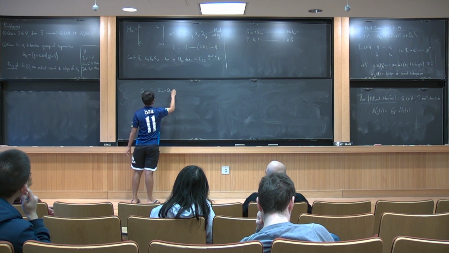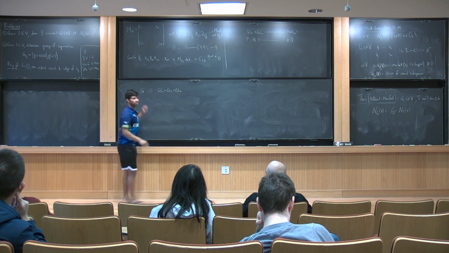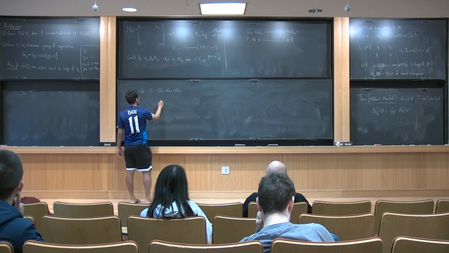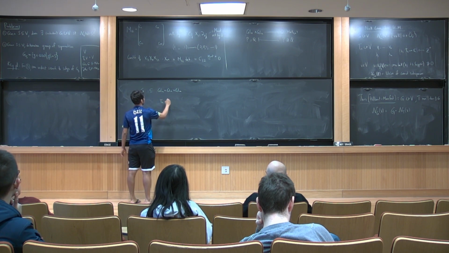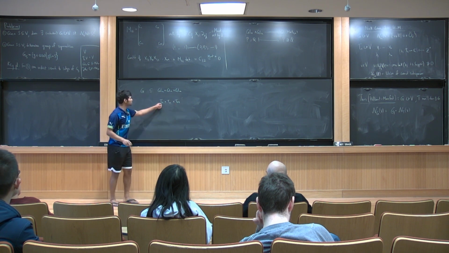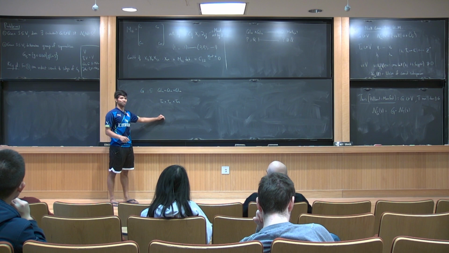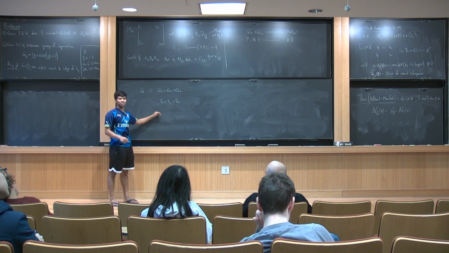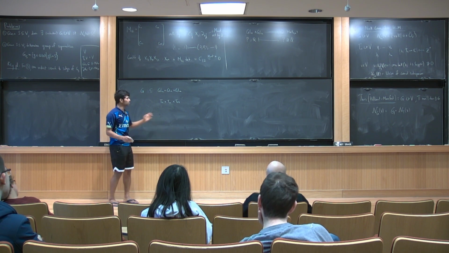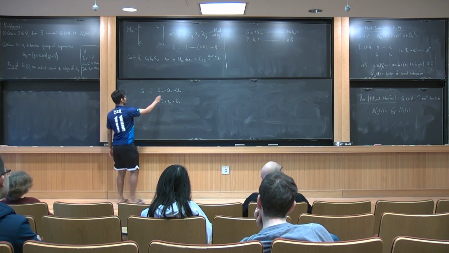We're searching for such subgroups. What is the maximal torus here? The maximal torus here is Tn plus Tn plus Tm, where Tn is just diagonal invertible matrices, which is C star to the n. Now, that's the maximal torus here.